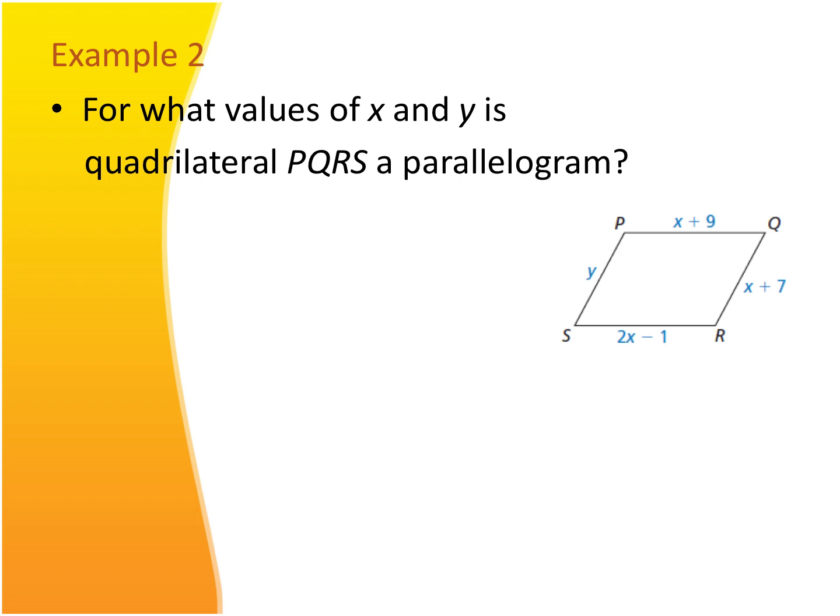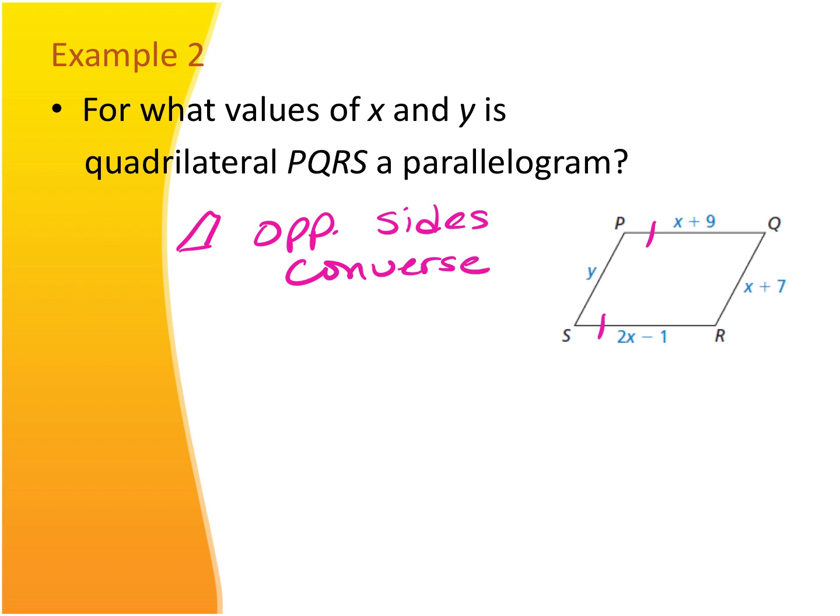Well, what I can use is my parallelogram opposite sides converse, and I can show that to find x, I'm going to set PQ equal to SR. So I'm going to be setting SR equal to PQ, because when opposite sides are congruent, then we can show that the quadrilateral is a parallelogram.